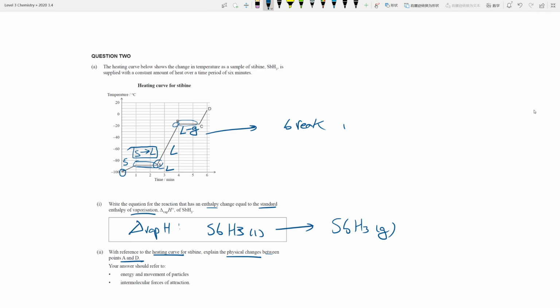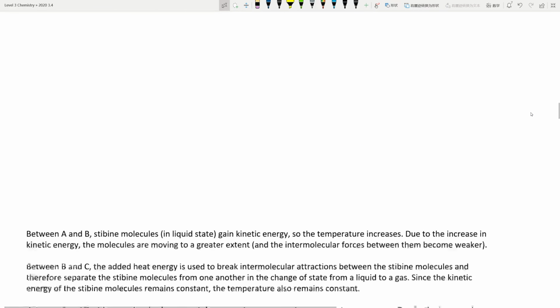The energy has gone into the molecules to break the intermolecular forces, hence the temperature is not going up. And then when you get to C, it's a gas, and the temperature increases again because the molecules are moving around quicker. Okay, so hopefully that makes sense.